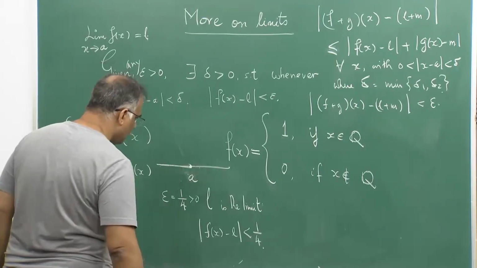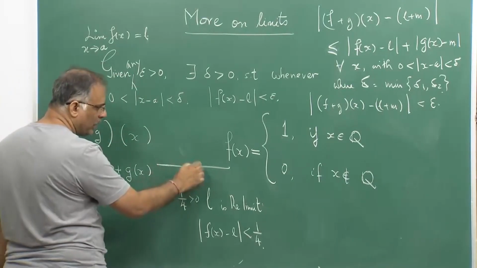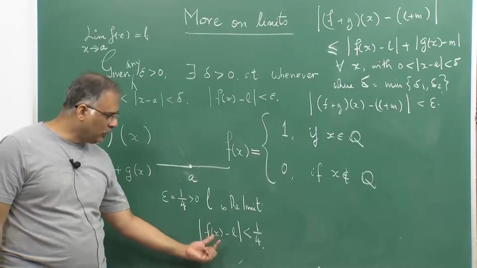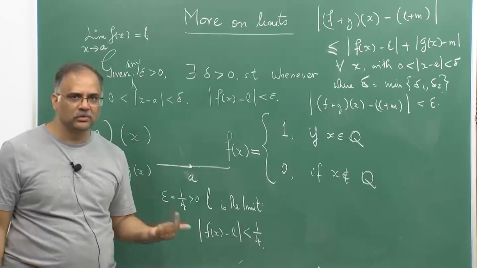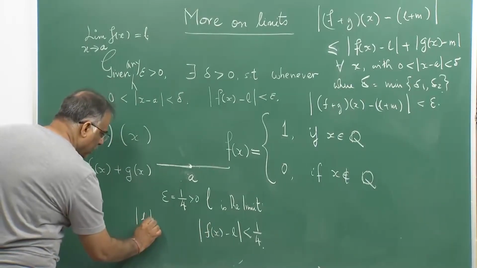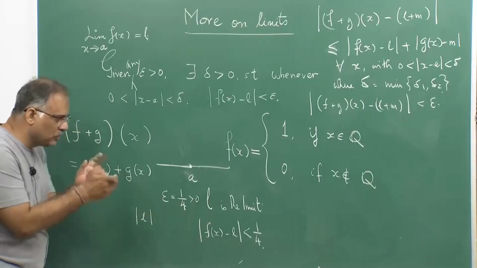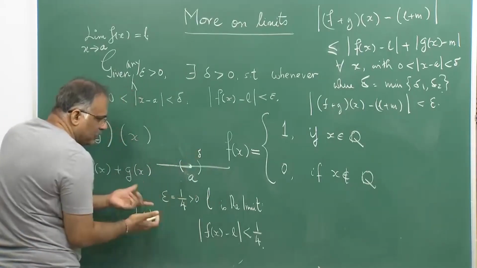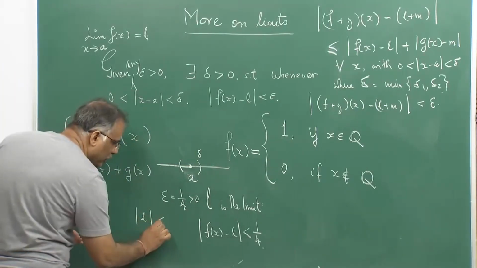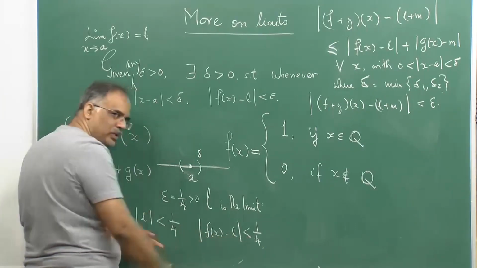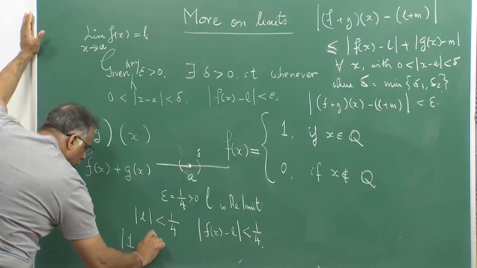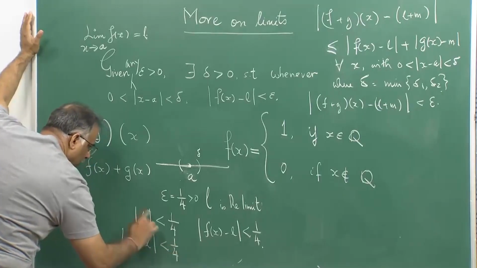Now, however small I make that delta, it does not matter, |f(x) minus L| would be less than 1/4. So for some x it will be 0, so your |L| is less than 1/4, because some x's would give 0. Suppose I find some delta, then there will be some irrational points which will immediately give you this, if this is true. But there will be some rationals also giving you these two quantities.